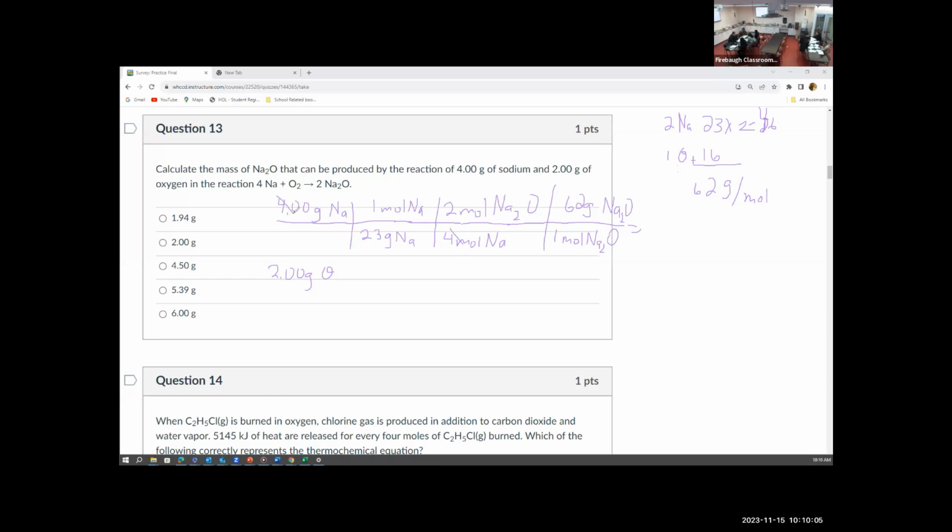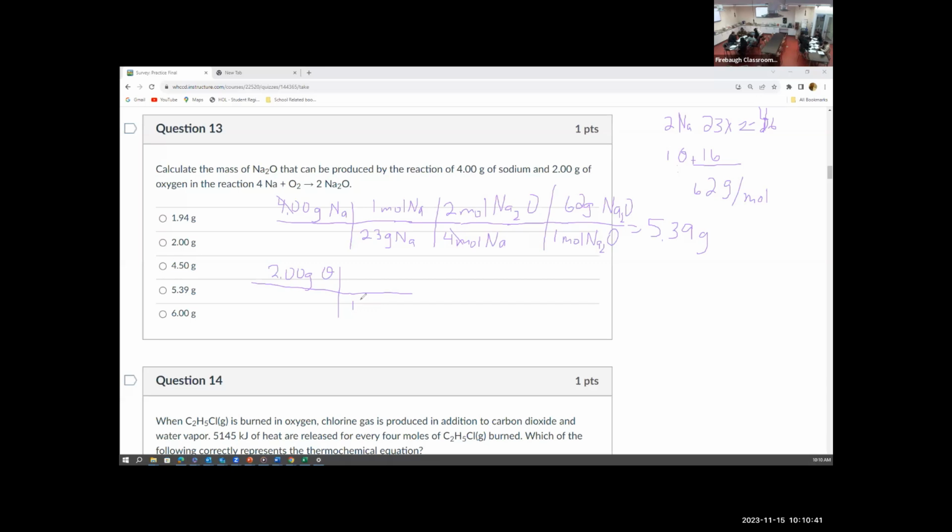So we have 2 times 62 divided by 23. It's 5.39 grams.